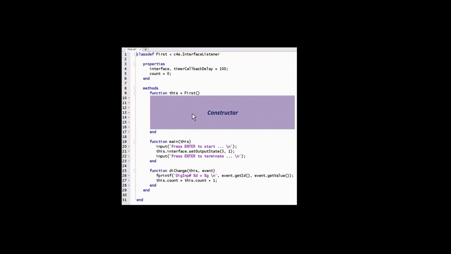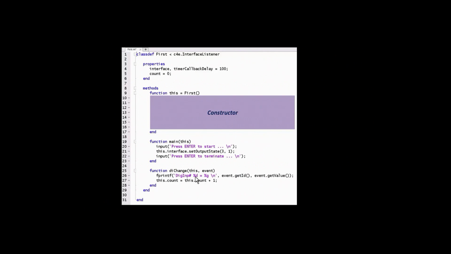Notice that when you refer to it, you qualify it, you precede it by the name of the object, which is this, and a period. So this dot count refers to this particular count.